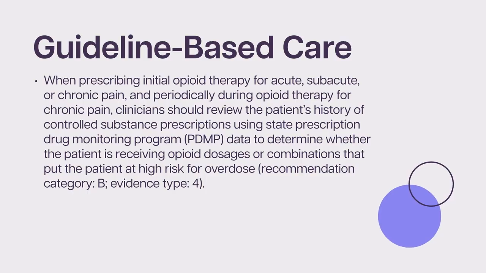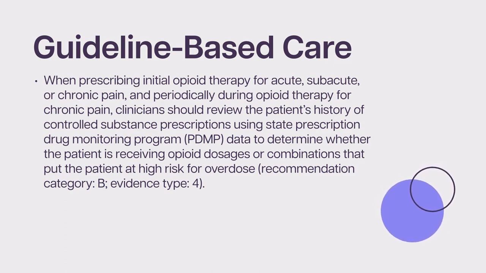Just a reminder that when prescribing initial opioid therapy, and then periodically through the course of opioid therapy if it's ongoing, check the patient's history of controlled substance prescriptions using the state prescription drug monitoring program. Now, in this case, you're not just looking for other opioid prescriptions, but you're looking for other controlled substances that might be dangerous in combination with opioids, specifically benzodiazepines.